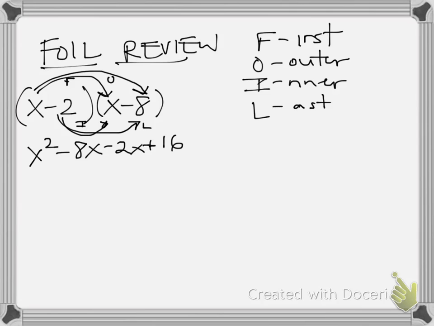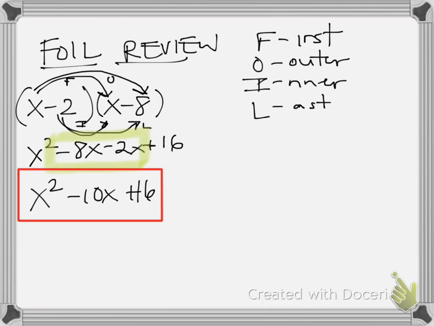So when I'm done, next I need to combine my like terms, which should always be in the middle. I'm combining my O term and my I term. And I end up with x squared minus 10x plus 16. So that would be my answer FOILed. Okay, this is just simply a review.